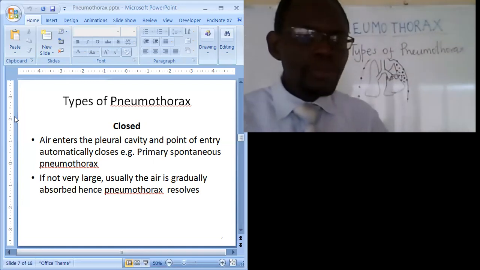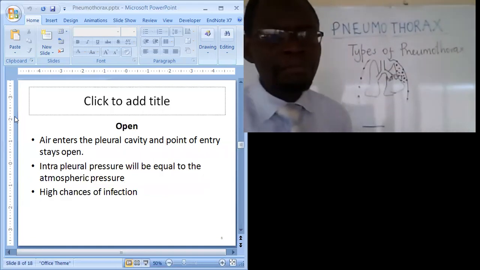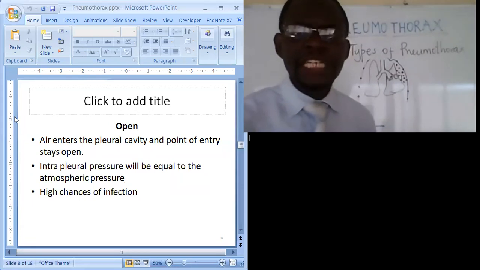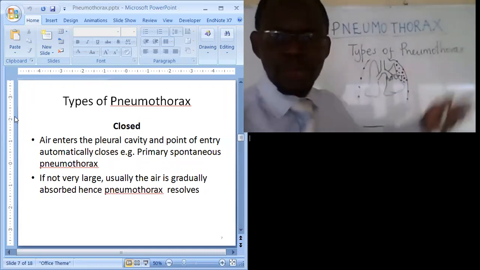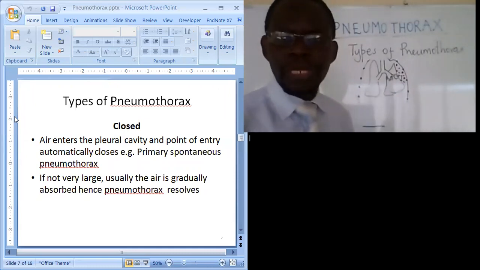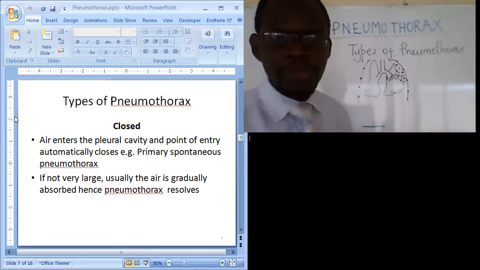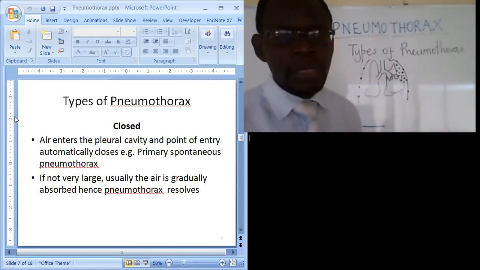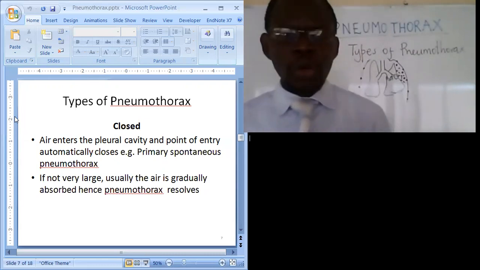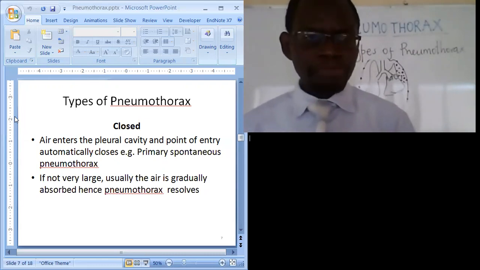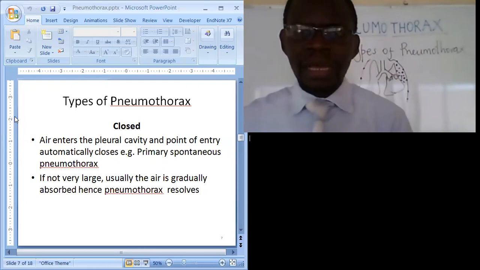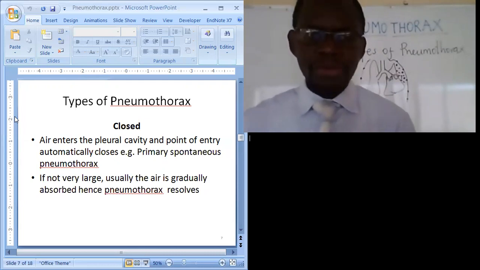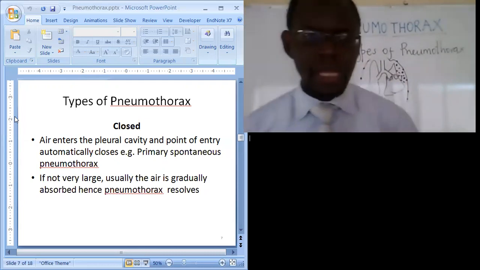However, if it is too much, you might have to do what we shall talk about: how do we handle the issue of pneumothorax? So that is what we refer to as closed pneumothorax. It can also happen as a result of blunt trauma. There is nothing penetrating from the outside, but you have air escaping into the pleural space.